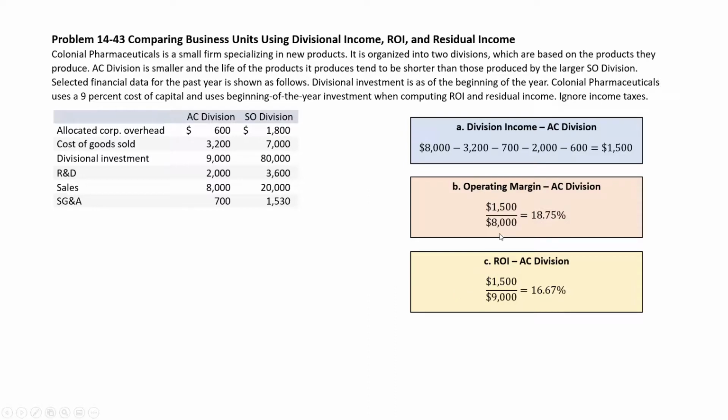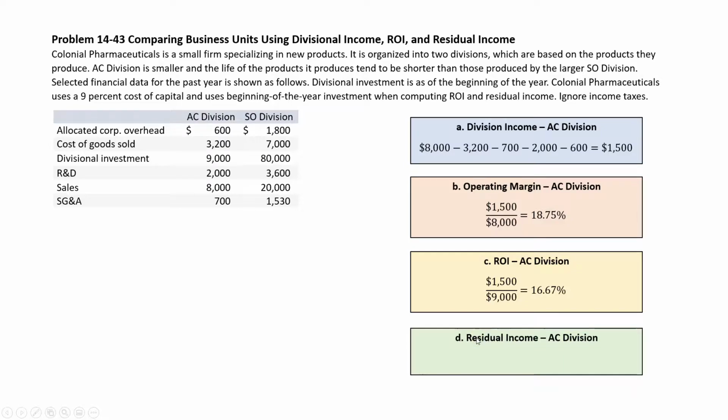Instead of dividing it by sales like I do for operating margin and getting more of a measure of what's my cost control, overall profitability related to my sales, I'm going to divide it by my asset base or divisional investment of $9,000. So what I'm trying to do here is look at, relative to the assets that I have, how much profitability am I actually earning from them? For this company, it's 16.67.